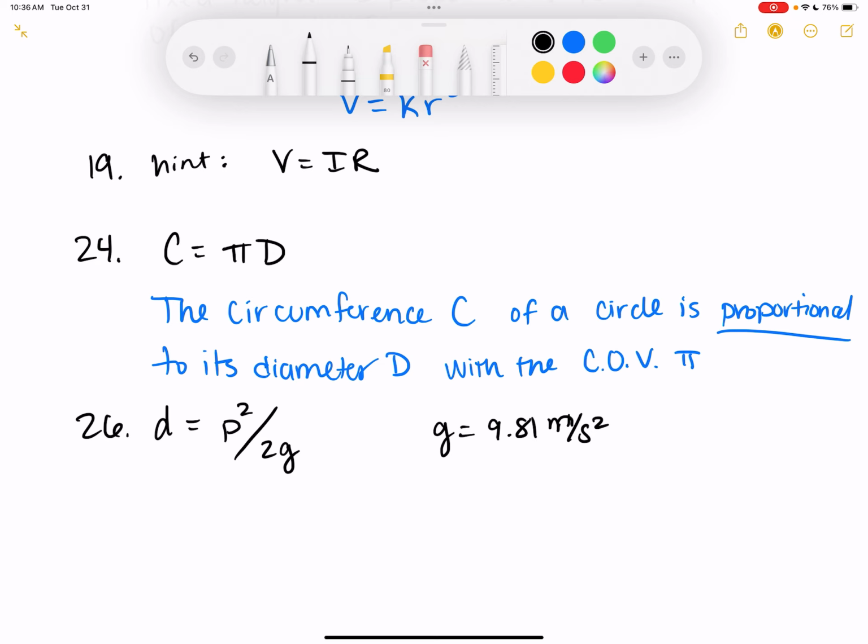This one is basically a fraction, so it's being divided, and this one is going to vary directly.